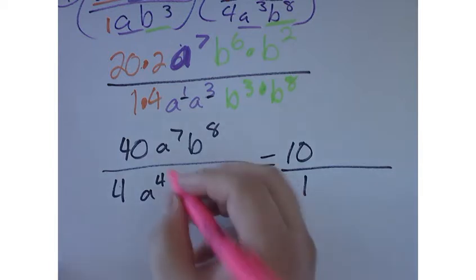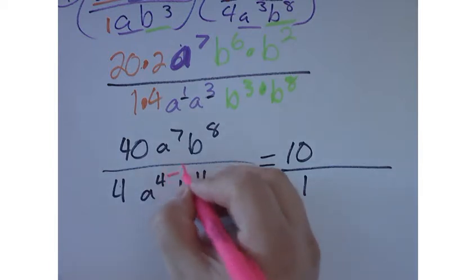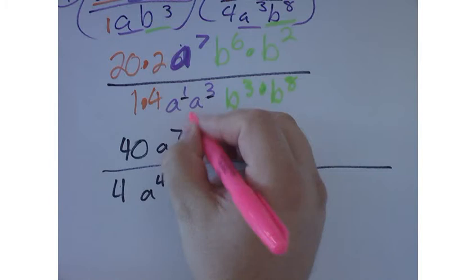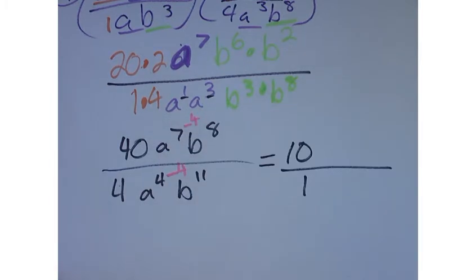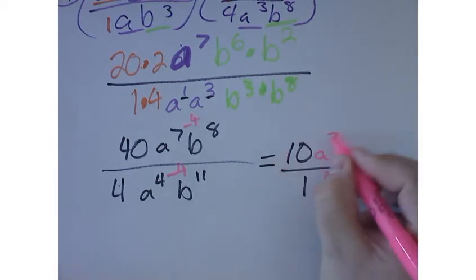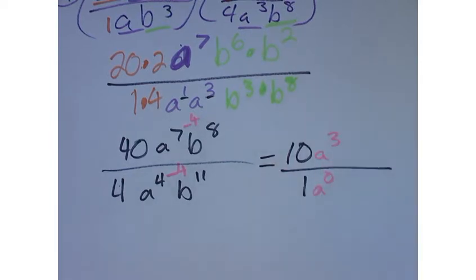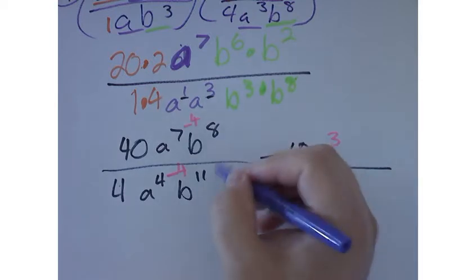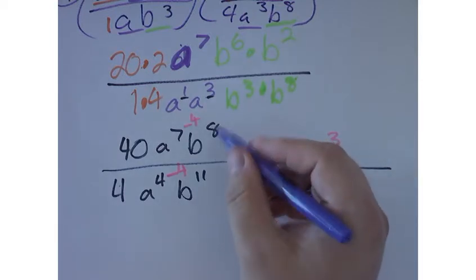Now the shortcut for that is I could just subtract 4 here and subtract 4 here. Now that'll give me a to the 0 on the bottom, and on the top that will give me a to the 3rd.